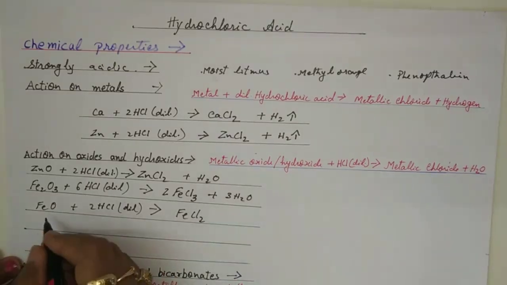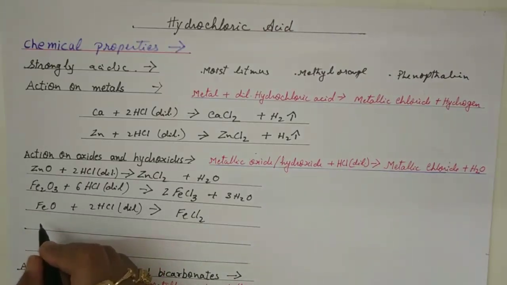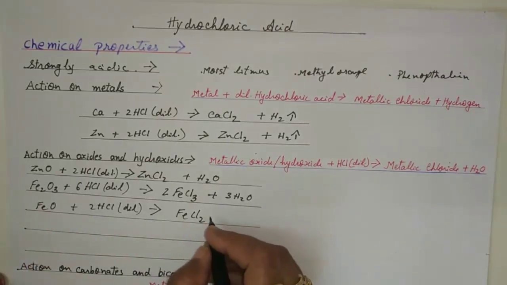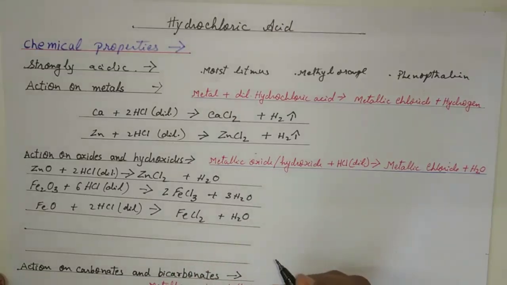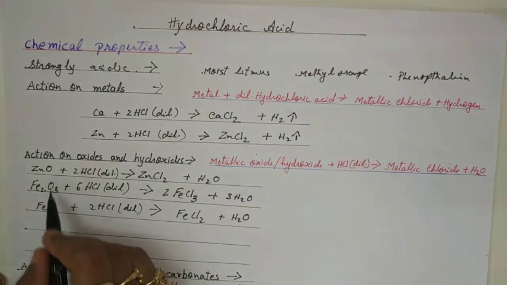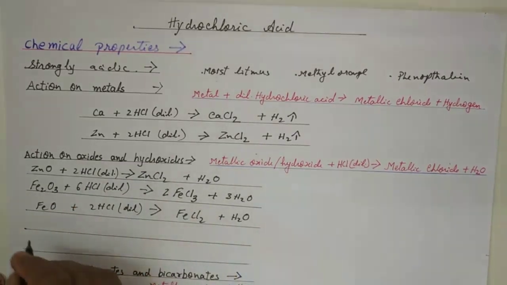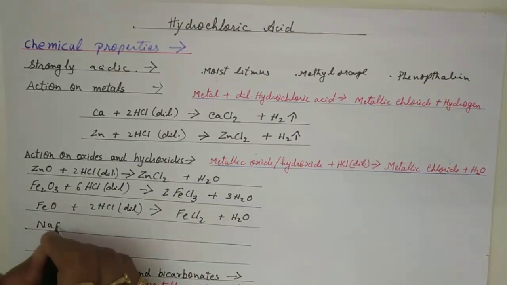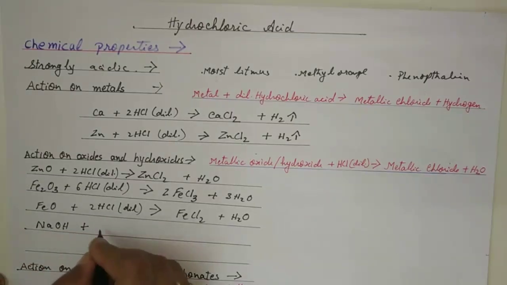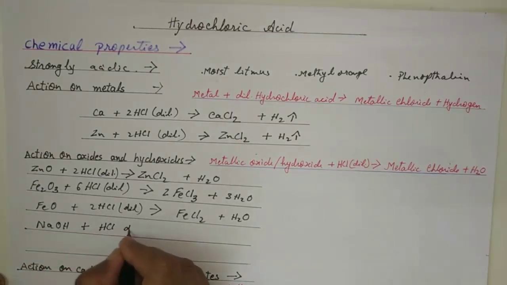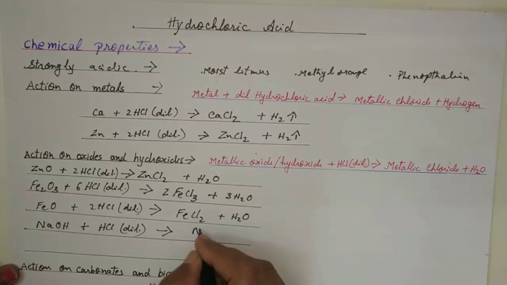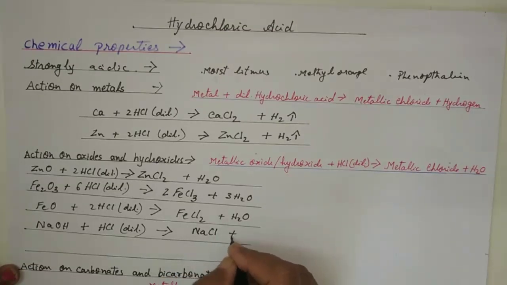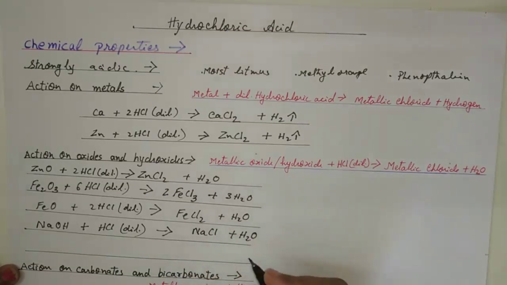Ferrous chloride, it was ferrous oxide, so your salt is ferrous chloride and water. You can try these three I've shown for oxides. For a hydroxide, so could be sodium hydroxide plus HCl dilute will give you sodium chloride, metal chloride plus water.